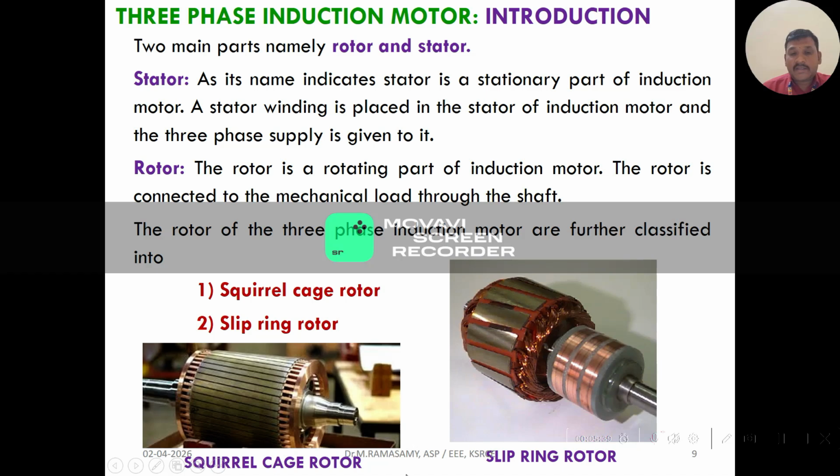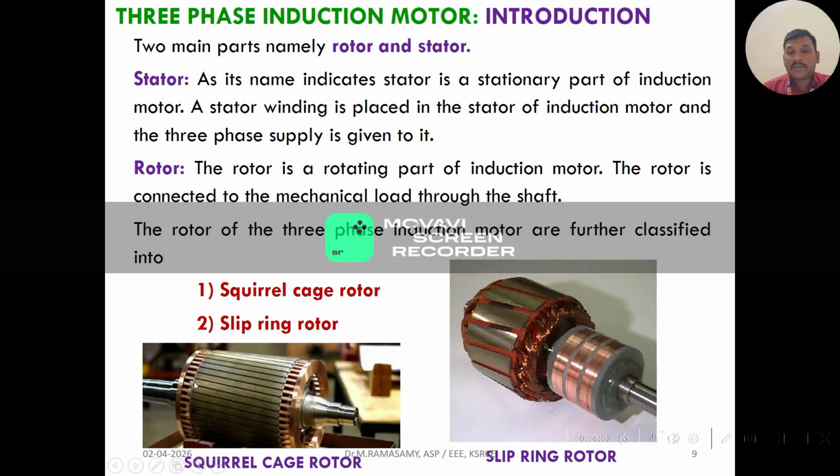Here you see a squirrel cage rotor. It is used in the squirrel cage induction motor, and this is an image of our slip ring induction motor. There are no windings on the squirrel cage rotor. Instead of windings, they provide copper bars. You can see the copper bars, and these are called end rings.